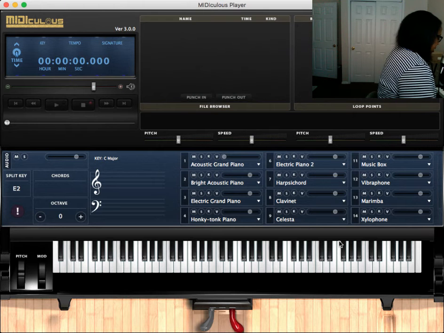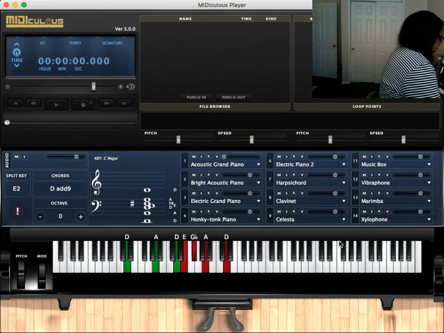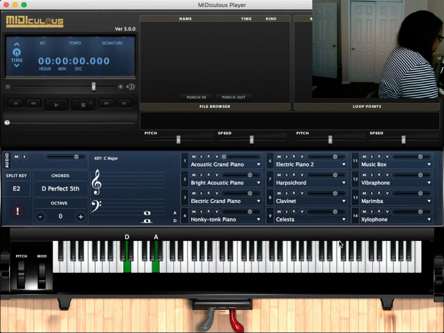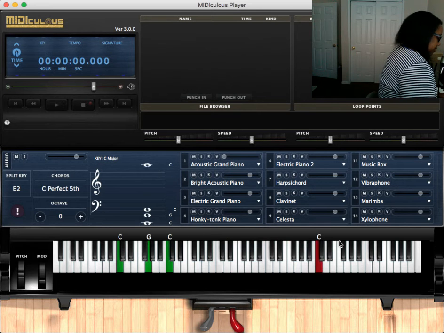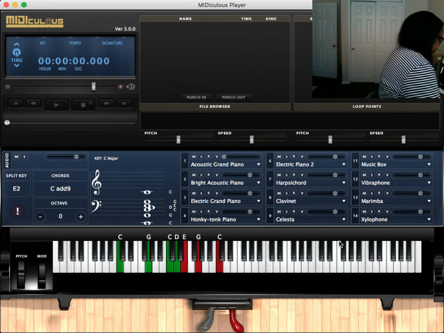We see it in progressions that look like this. I was in A minor, so let me go to C really quick, just so you can see what I'm saying as far as this 5 being minor.